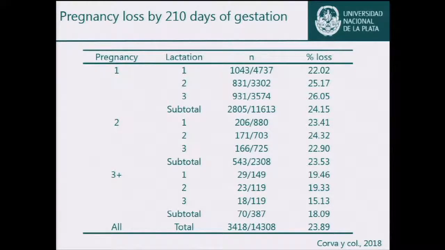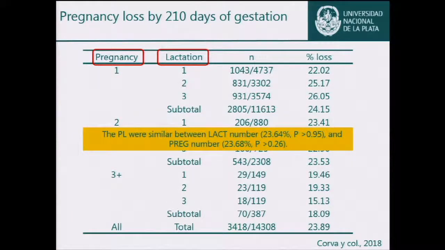So as we go on with the pregnancies, the losses diminish a little bit, but it was not significant. So the pregnancy losses were similar between lactation number and between pregnancy number.